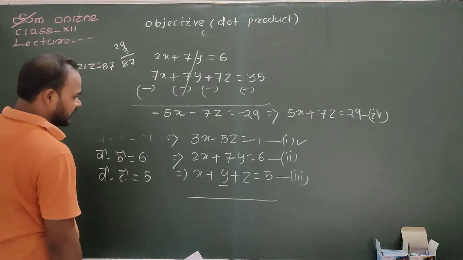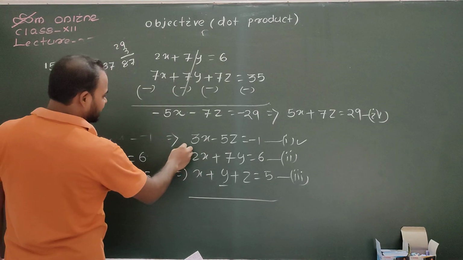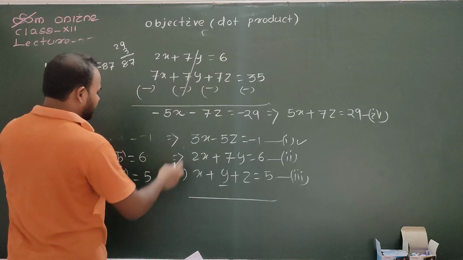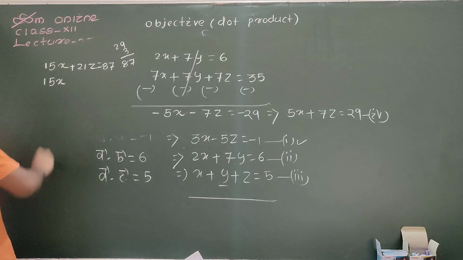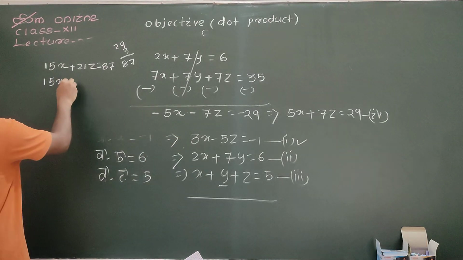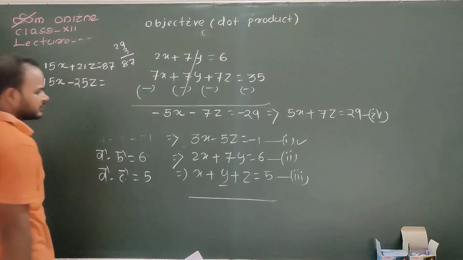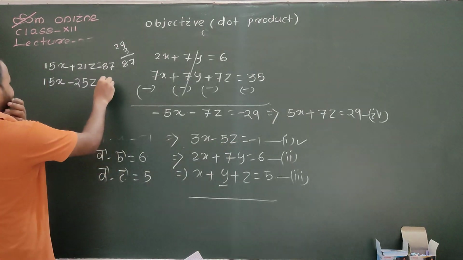Now here equation I is multiplied by 5. Multiplying by 5, we get 15x minus 25z equal to minus 5.